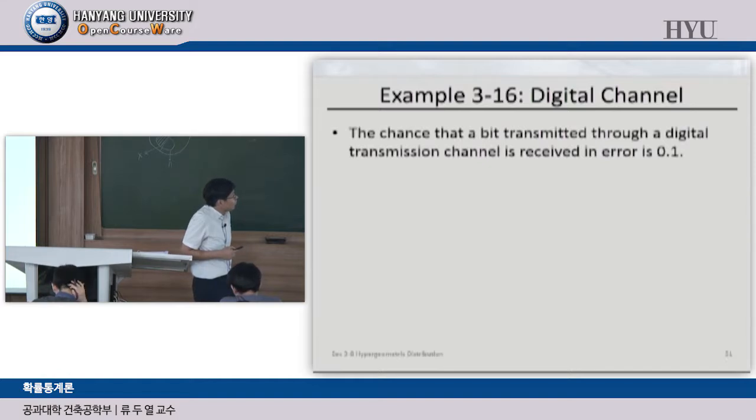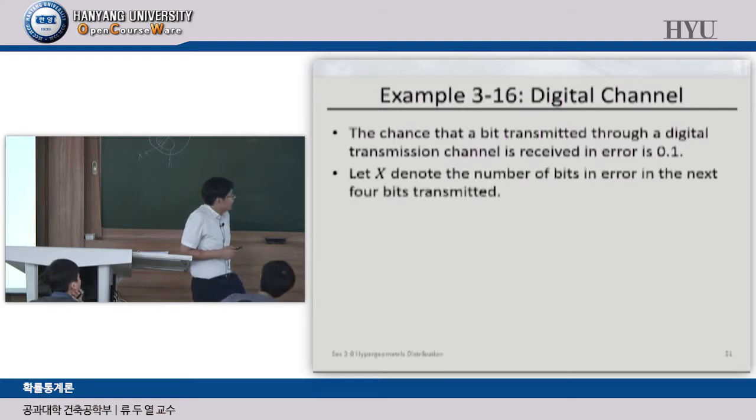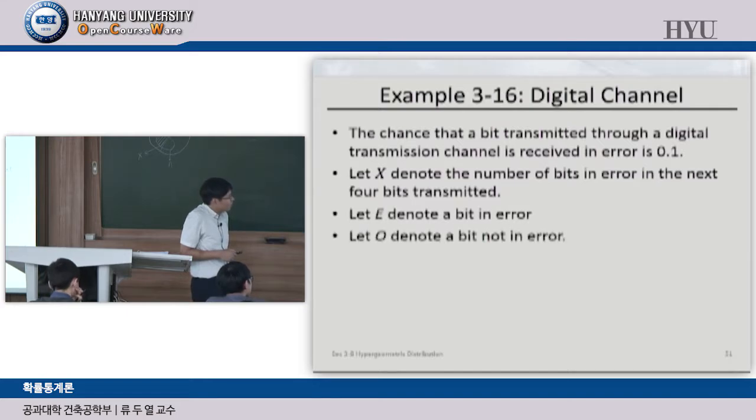For this example, the probability that a bit transmitted through a digital transmission channel is received in error is 0.1. And let X denote the number of bits in error in the next 4 bits transmitted. Let E denote a bit in error, and let O denote a bit not in error.